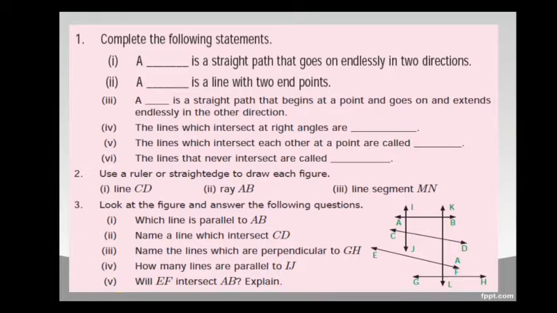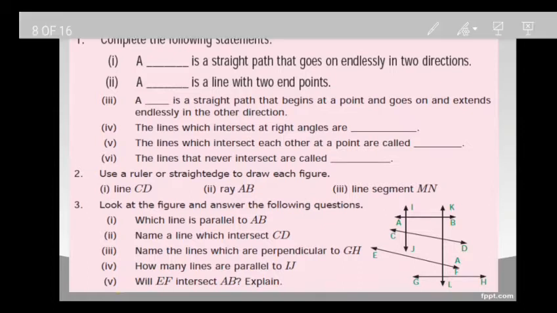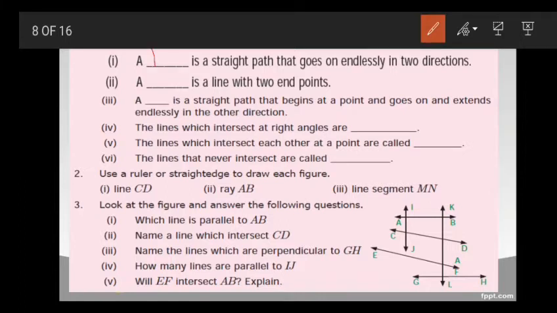The first subdivision is: a dash is a straight path that goes on endlessly in two directions. It is a straight path and it doesn't have an end. It goes endlessly in two directions. What is that? It is a line.